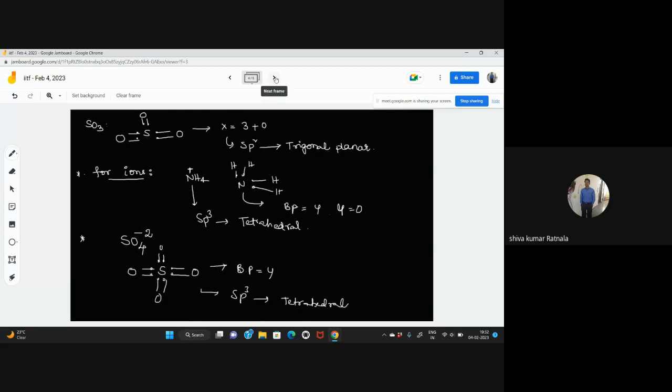Tetrahedral we have done, examples we have done. Next, hybridization of organic compounds. Hybridization of organic compounds we need to do.